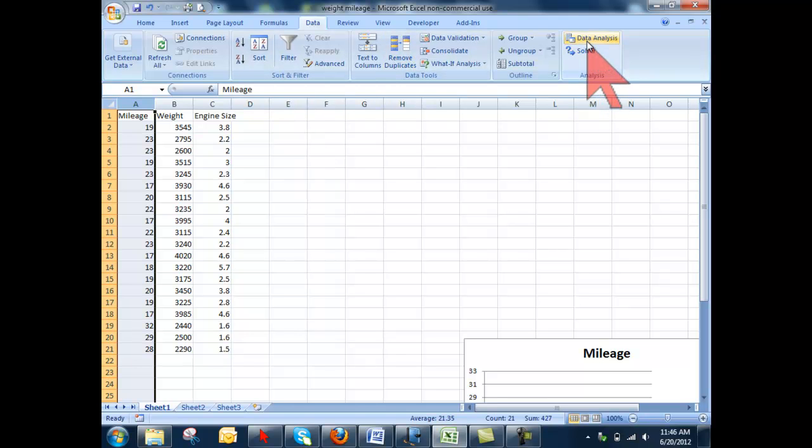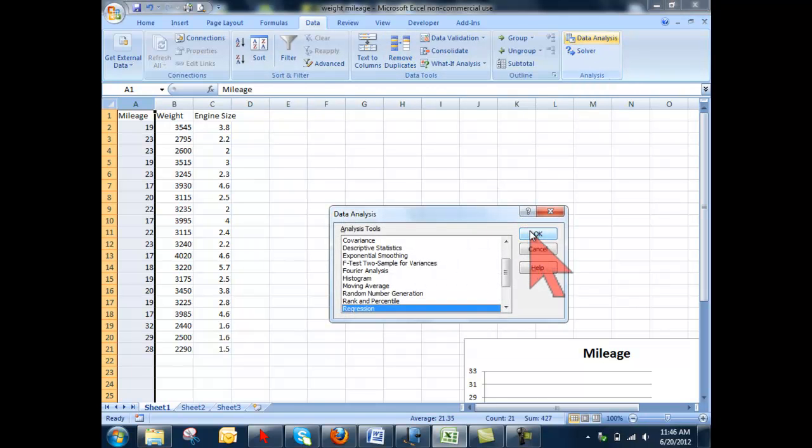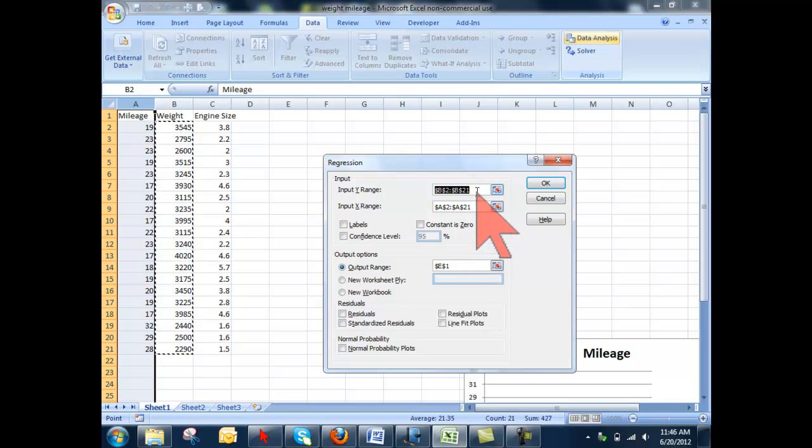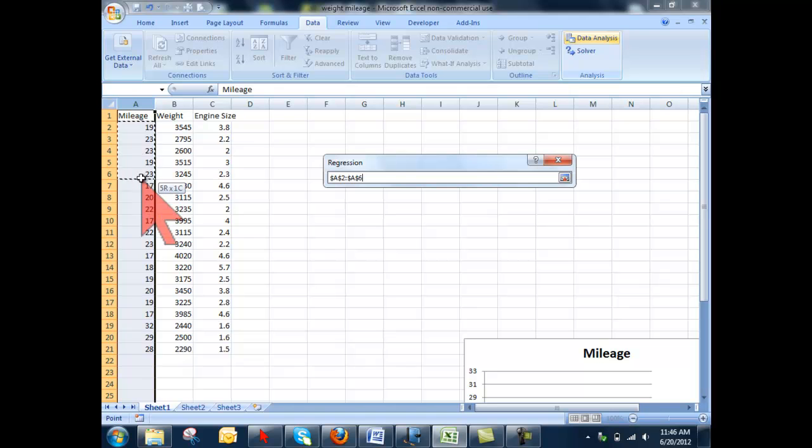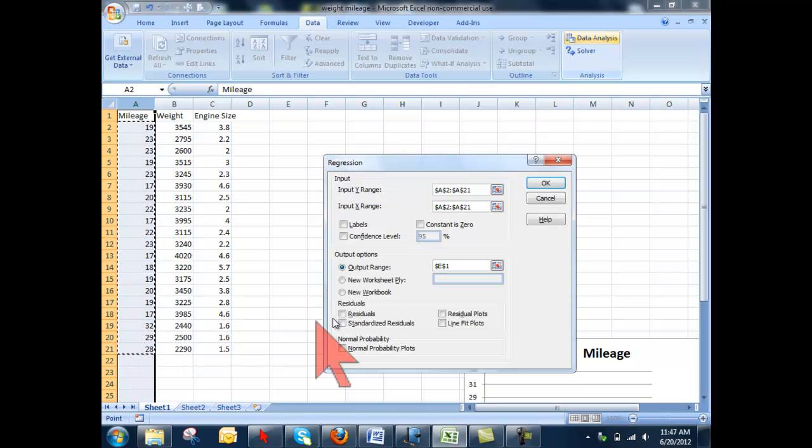Now let's go ahead and do data analysis regression. For input the Y range, the output is still going to be mileage. Input the X range. There are several X variables now. Weight is an independent variable, an input variable, and so is engine size.